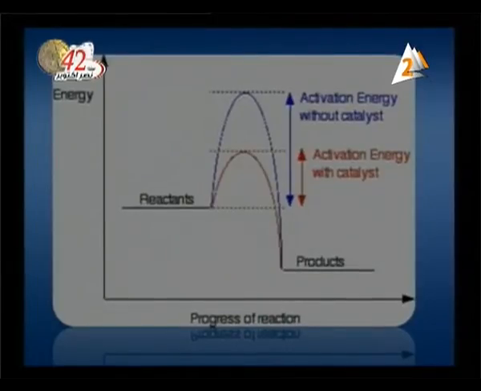But when using the catalyst, the activation energy is decreased and the amount of energy needed to break the bond will be decreased. That's why the activation energy with catalyst is lower, lowering the energy needed for the reaction to occur.